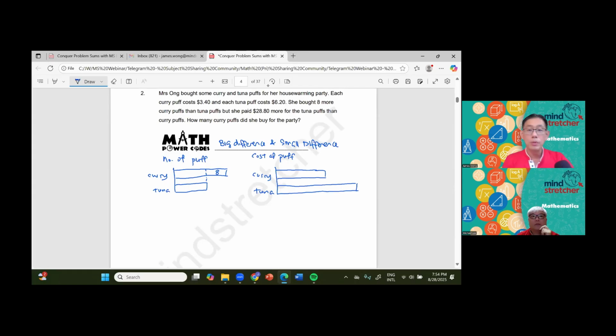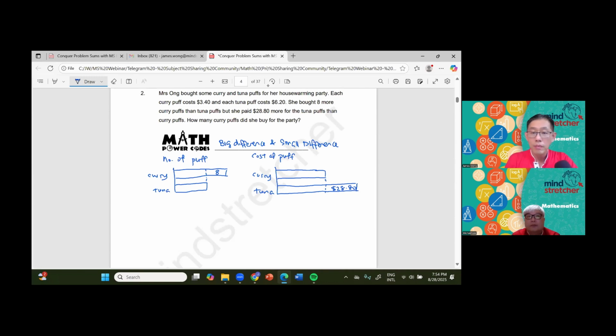I'm going to put down the information given in the question systematically into this model, to help everyone better visualize and understand. So this is $28 more, right? In total, for tuna puff you spend $28.80 more compared to the curry.